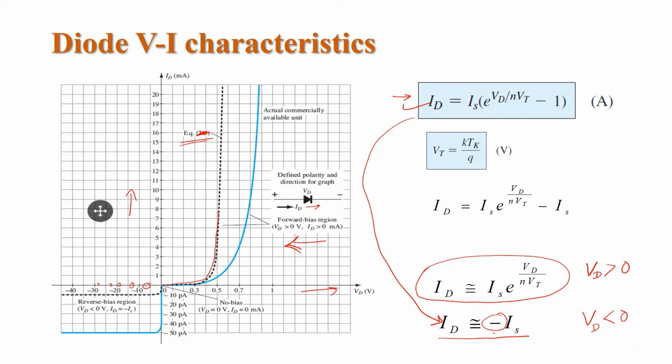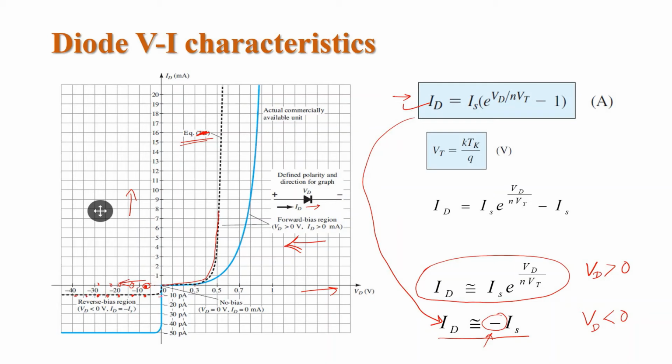So minus is to say that the direction is opposite to the diode direction, and IS is the magnitude, which is a constant for any particular diode at any temperature. At some constant temperature, IS for a diode is constant. So at a particular temperature, as we make VD more and more negative, the ID has saturated to the minus IS value.